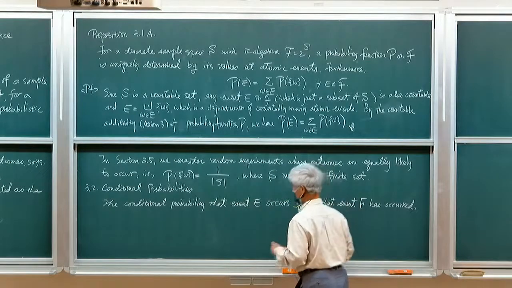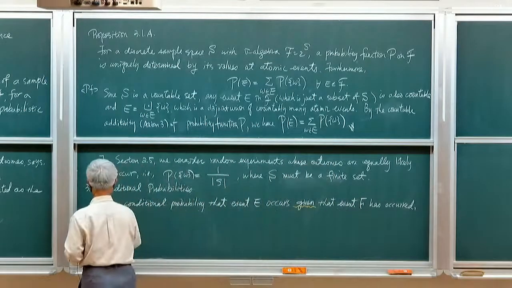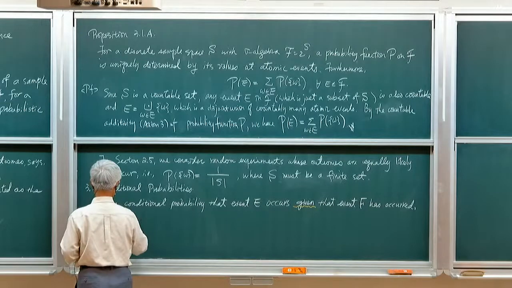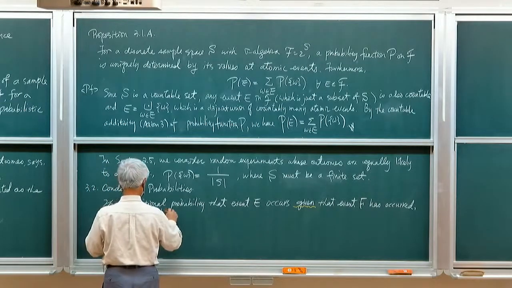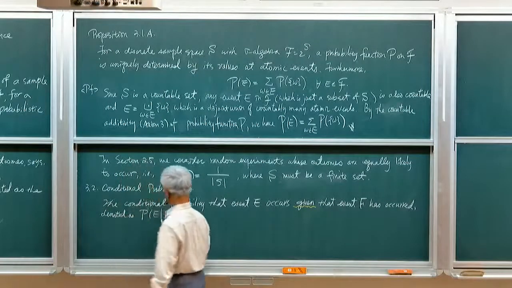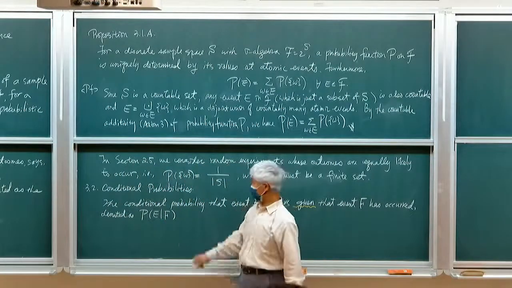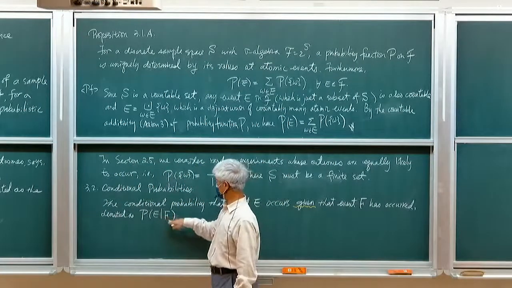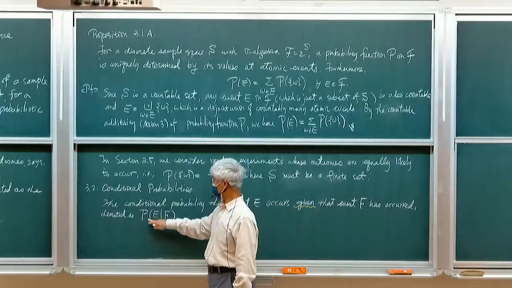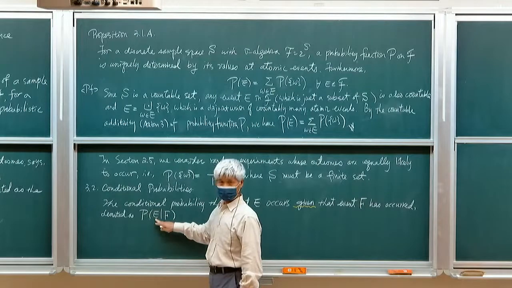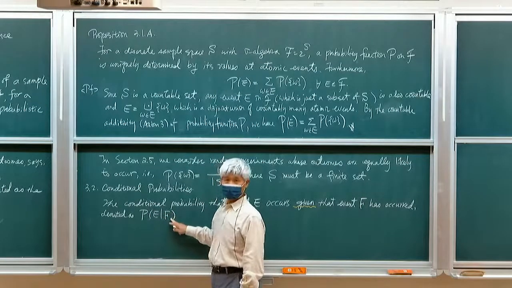And the notation is here. The vertical line says that given F. So this is called the conditional probability of event E to occur given that event F has occurred.